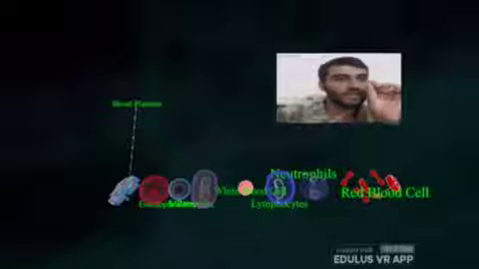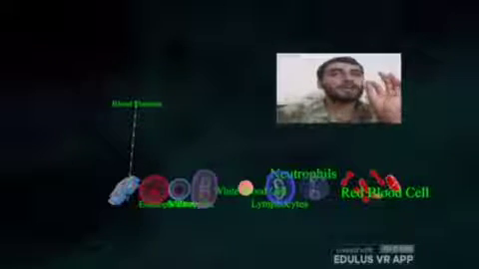Okay, the red blood cell is more flexible. Why? That enables it to pass through the narrow capillary. This characteristic comes from its cell membrane. It contains a peripheral protein called spectrin.